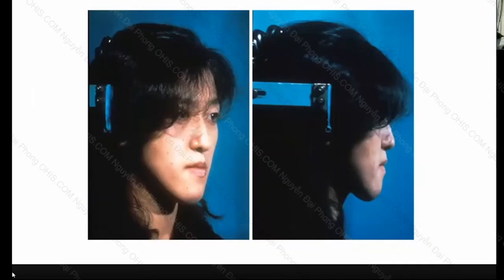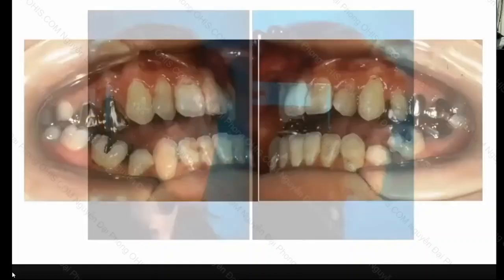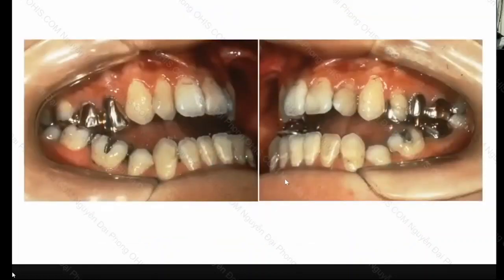This is also a very severe high angle class 3 case. Yeah, this is her bite. Well, this is also 10 years ago. She did orthodontic treatment with only lower first premolar extraction.